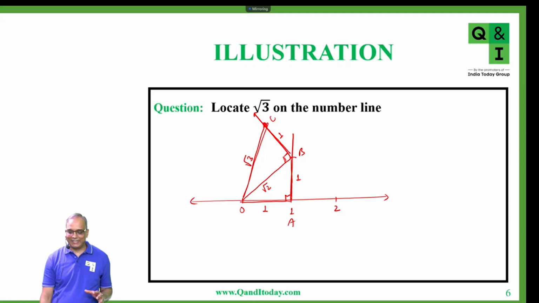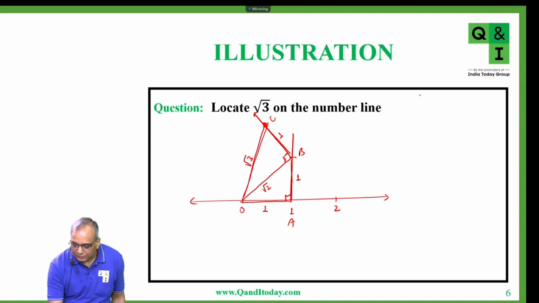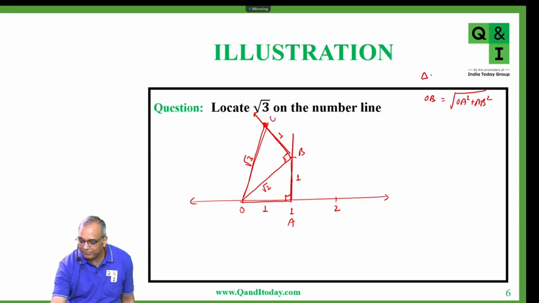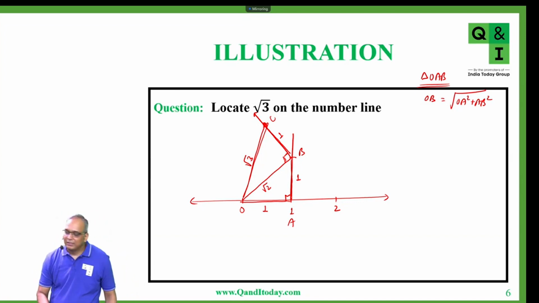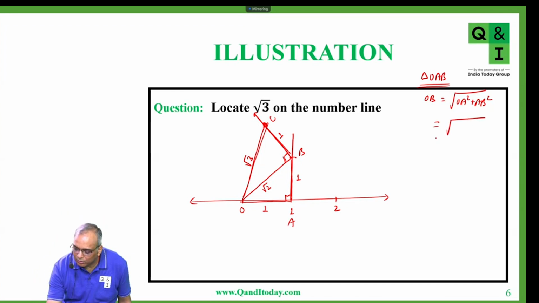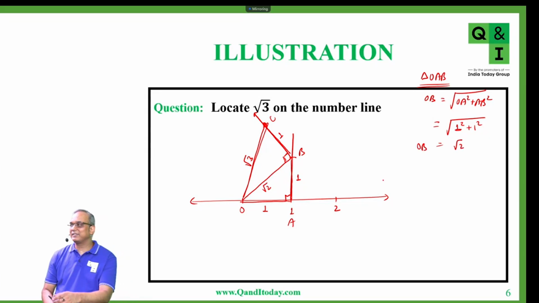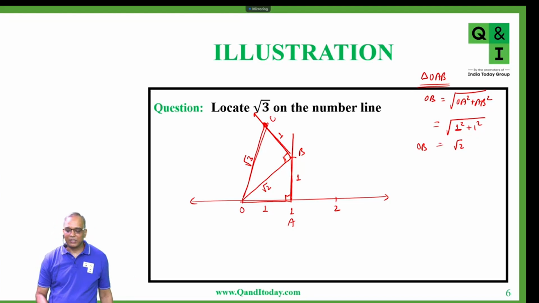How? Let us understand it. First of all, what we saw was OB is equal to root under OA square plus AB square by Pythagoras theorem in triangle OAB. So we have root under 1 square plus 1 square, which is equal to √2. We know OB is √2. This we have seen in the previous question as well.